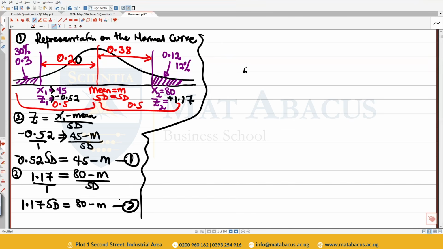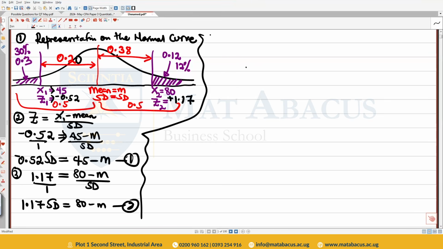Now we have our two equations, and this is what I told you earlier. Earlier, I told you that when there are two missing values, always fight to generate two equations.